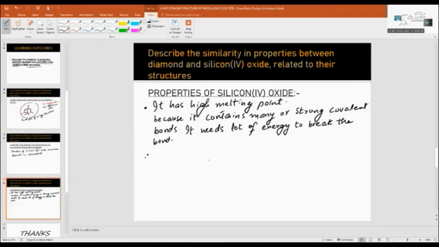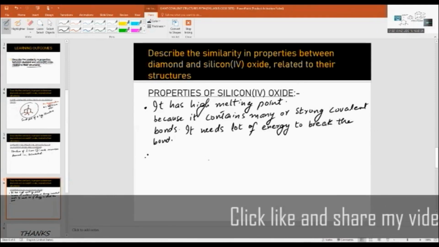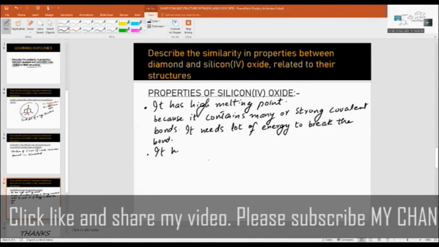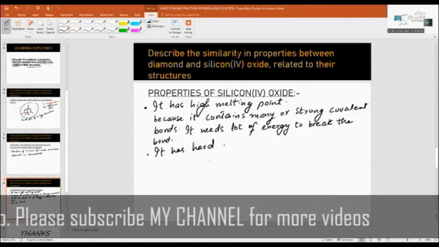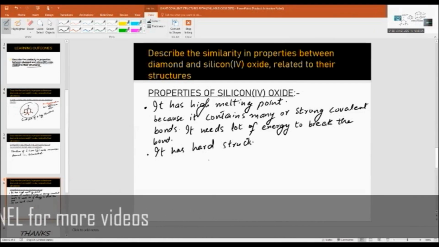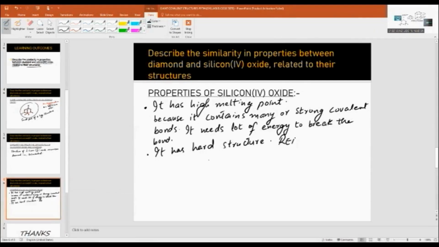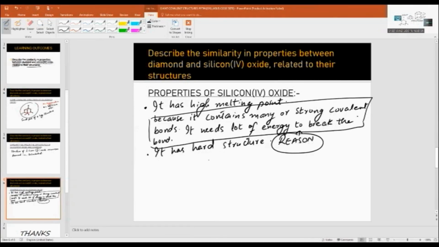It has hard structure. The reason is same as the one I have explained for high melting point. It does not conduct electricity.